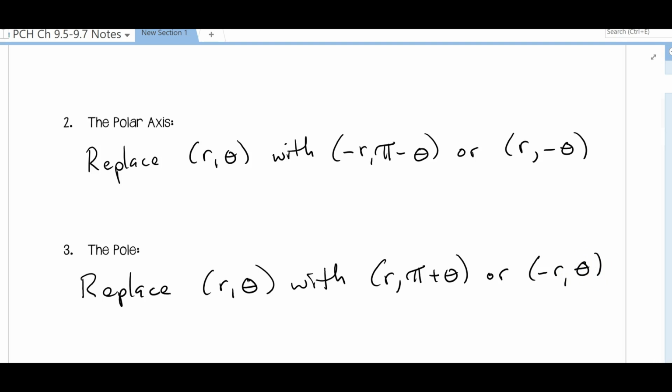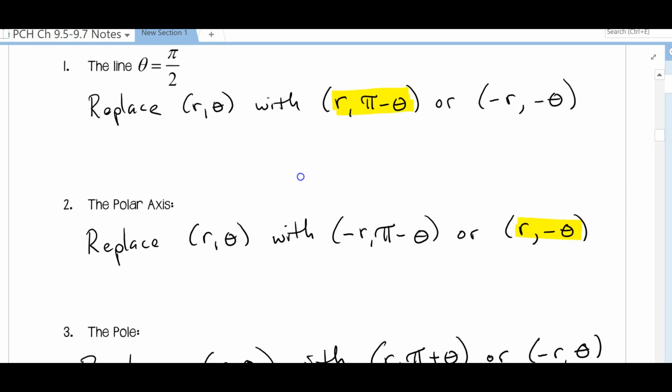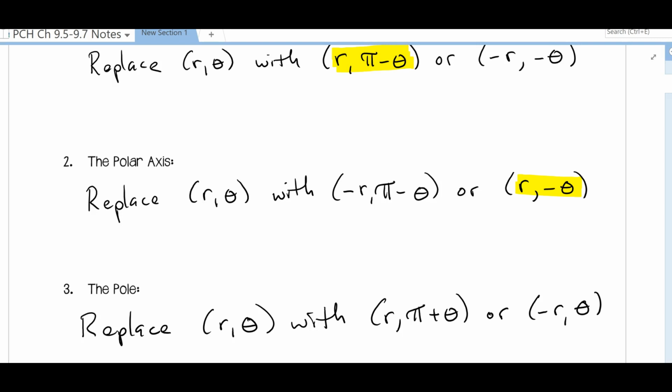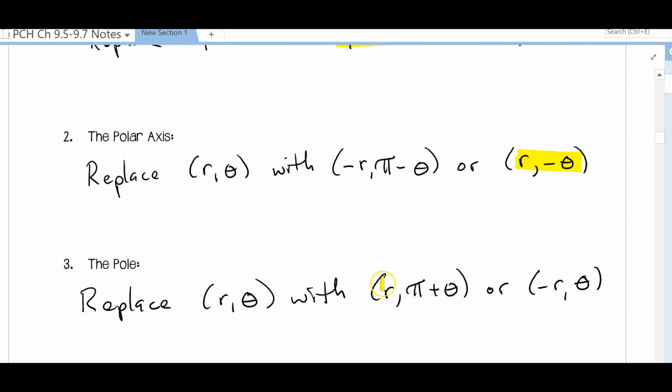Now, for each of these cases, you have two options for what you want to replace r and theta with. I'm typically going to pick the option that has the positive r. So I'm going to replace with (r, pi minus theta) when I'm checking for symmetry with respect to theta equals pi over 2. And then I'll use (r, negative theta) when checking for symmetry with respect to the polar axis. And when I'm checking for symmetry with respect to the pole, I will replace (r, theta) with (r, pi plus theta). And that just makes the work a little bit easier for us.